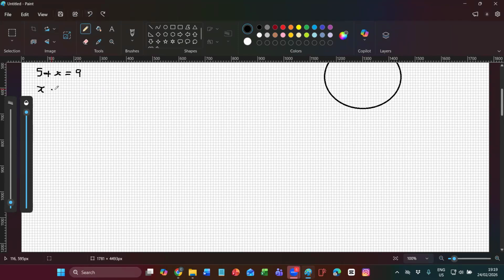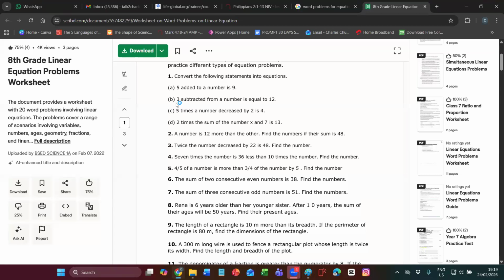Because some people usually make a mistake when it comes to subtraction. You see that thing that you said now, x minus 3. In their own interpretation, they will say 3 minus x, because the question started with 3 and they are thinking it's 3 minus x. They didn't say 3 minus a number is equal to 12.